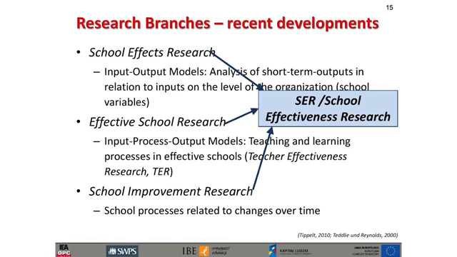So what happened afterwards as recent developments is that all these three branches are merged together recently in school effectiveness research, and I will present to you sophisticated and comprehensive models, and you will see how those different perspectives are really included into these models.